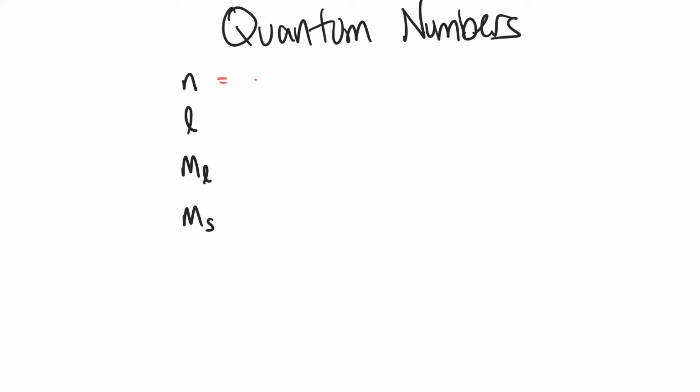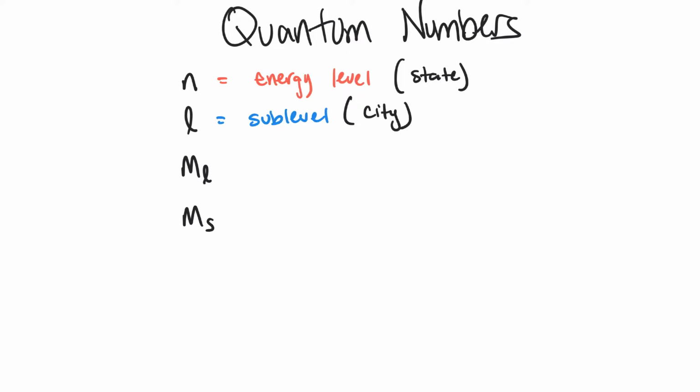n is simply your energy level. So what energy level is this electron in? You could think about it like what state in the United States: Georgia, New York, Wisconsin, whatever the case may be. The next one, l, tells us what sub-level. So when we're talking about sub-level, we're asking what city within the state, what sub-level within the energy level.